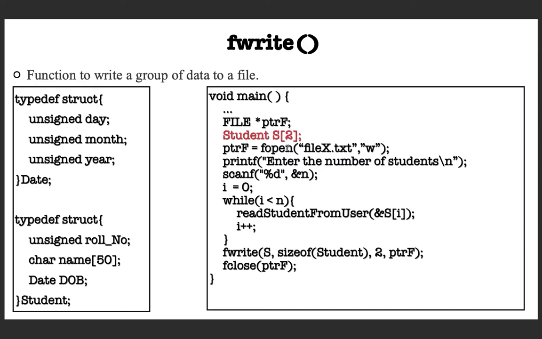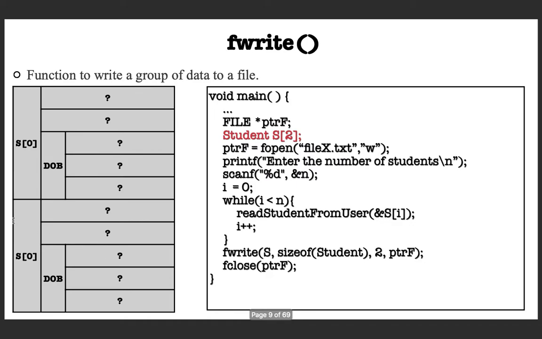I am taking only two elements in my array; you can take any number of elements. By this statement you create an array of two students. If you want to see how it looks, in the first index you will have the first student's roll number, then name and date of birth. Similarly for the second student.